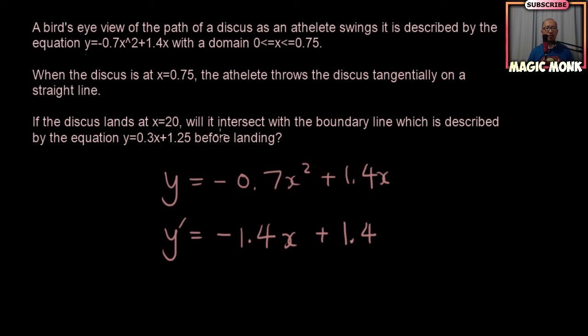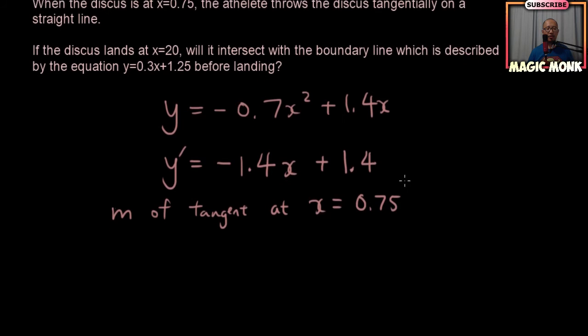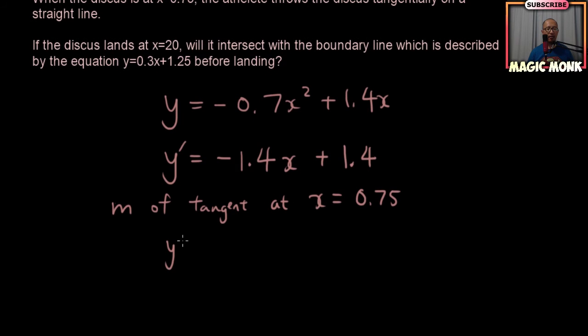So what is the gradient at x equals 0.75? We're going to substitute that in. The gradient of the tangent at x equals 0.75, we substitute into the gradient function. So y dash equals negative 1.4 times 0.75 plus 1.4.